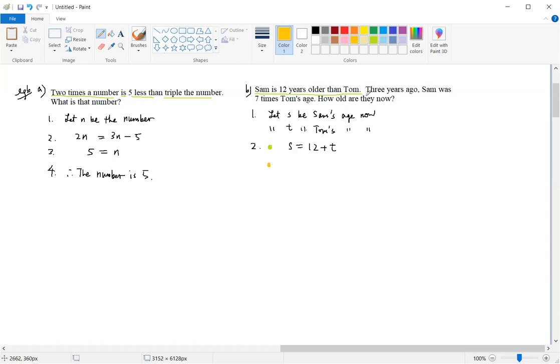Second piece is that 3 years ago, Sam was 7 times Tom. Okay, 3 years ago. Sam is S this year. I claim that 3 years ago, Sam must be S minus 3. Do you agree?